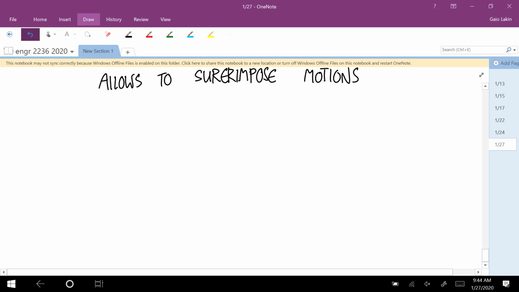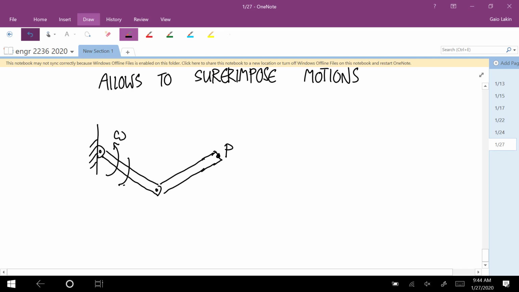And the benefit of this is, if you have, like say, the arm of a machine there, and it's connected to another arm there, and you want to calculate, say this has an angular velocity this way and an angular acceleration this way.